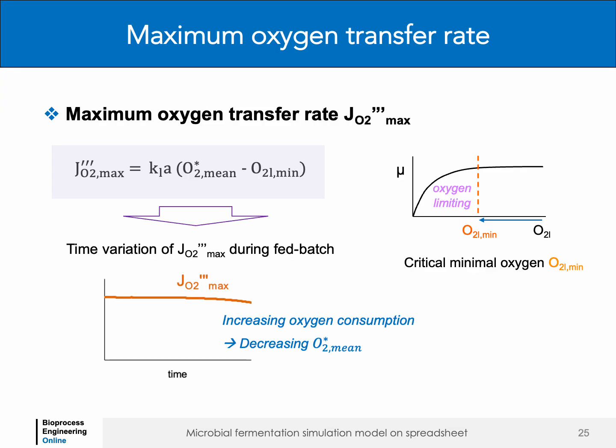During fed batch fermentation, the oxygen molar fraction in the outlet gas decreases because of the increasing oxygen consumption rate in the fermenter. This results in a gradual decline in the mean oxygen solubility within the fermenter. Consequently, the maximum oxygen transfer rate, J_O2 max, decreases slightly over the course of the fermentation.